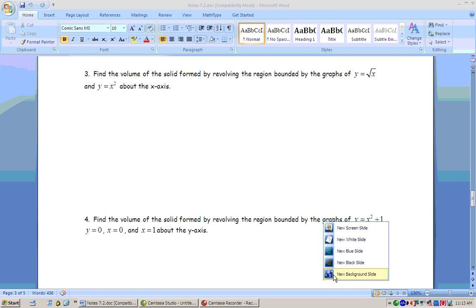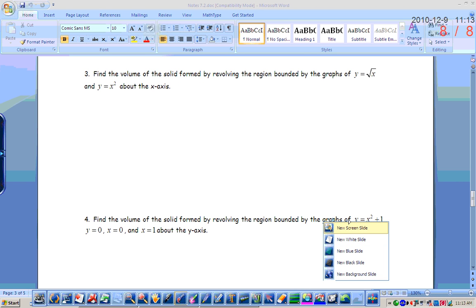All right. Find the volume of the solid formed by revolving the region bounded by the graph of y equals root x and y equals x squared about the x-axis. All right. I'm fairly confident that you could do this on your calculator, so I'm going to graph it for you.